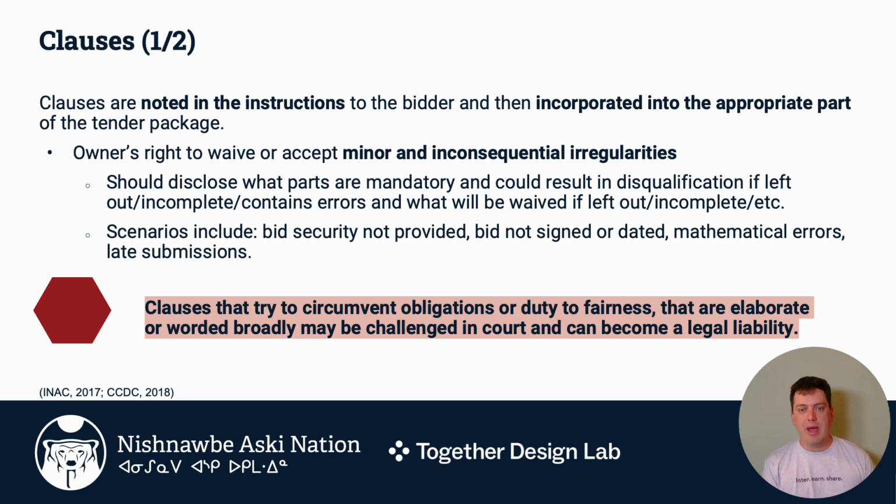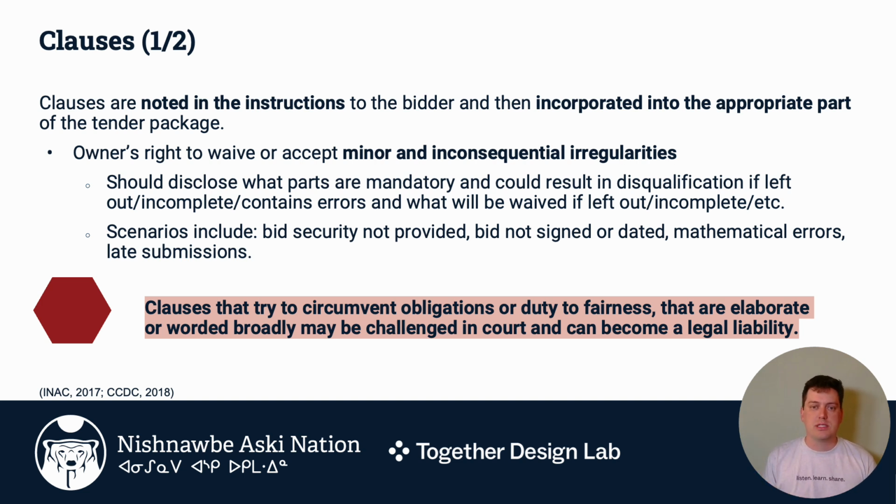A clause that you may add is the owner's right to waive or accept minor or inconsequential irregularities in a bidder's package. Now, let's give a very simple example of that. Most or some tender packages require that every page of the package be signed and dated in the bottom corner.